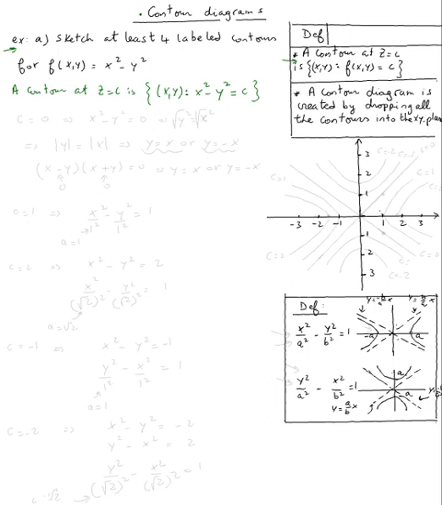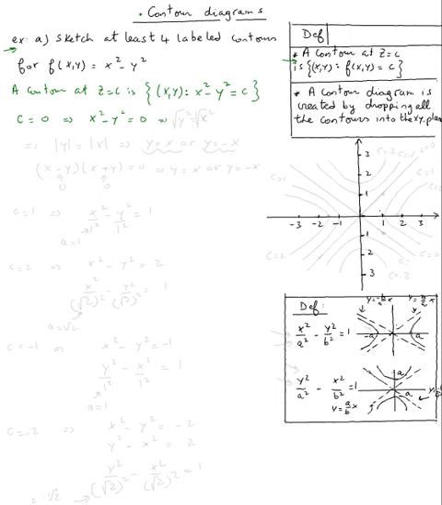So how do we graph that? Let's look at the contour for c equal 0. C equals 0 means x squared minus y squared is equal to 0, right? Which means there's two ways of doing this.